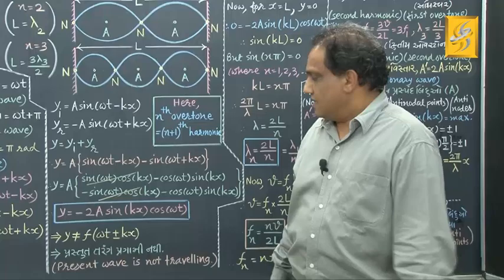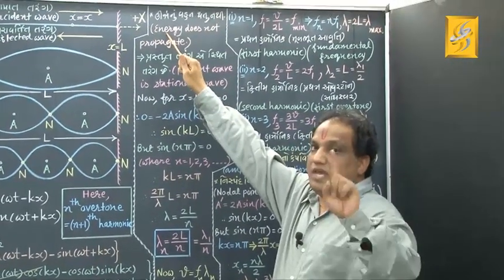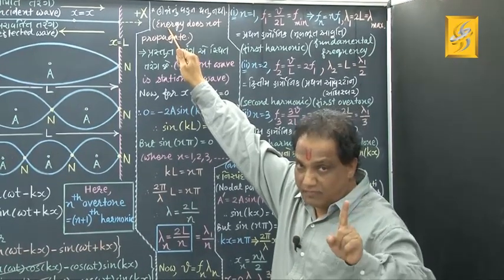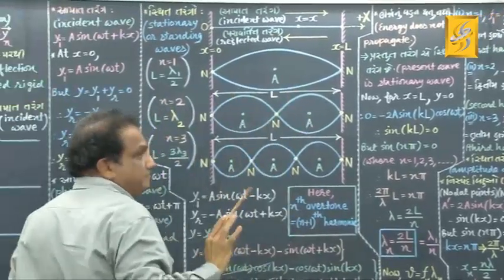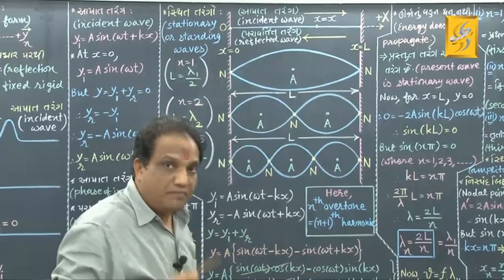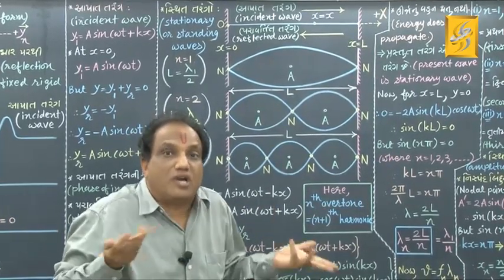Fine. Now tell me, in such a wave, there is no propagation of energy, because whatever energy you have supplied in this medium remains within the same dimension of the medium. It does not propagate ahead because the wave itself is not traveling.